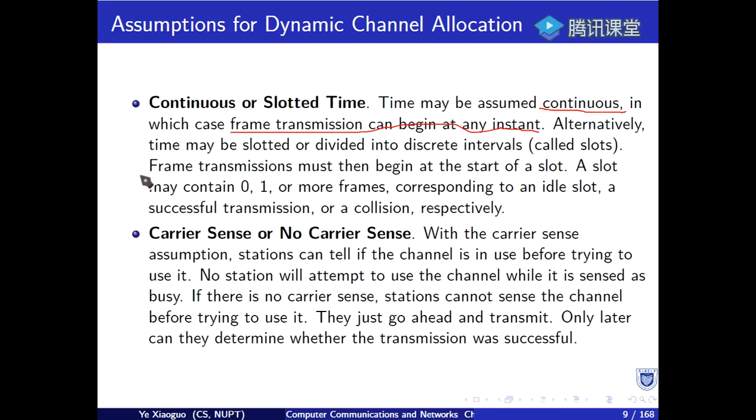Frame transmissions must then begin at the start of a slot. A slot may contain 0, 1, or more frames, corresponding to an idle slot, a successful transmission, or a collision, respectively.